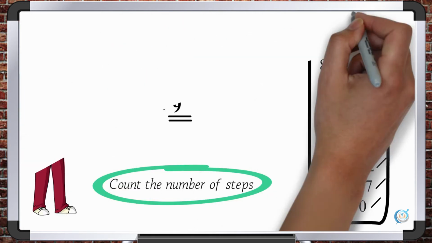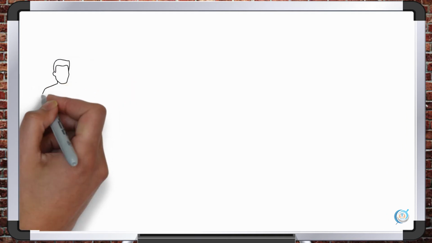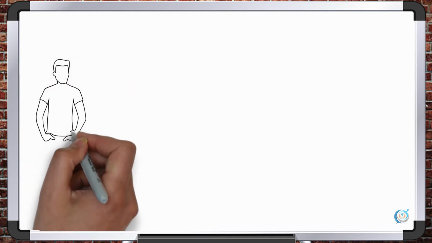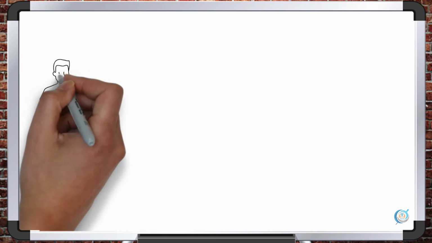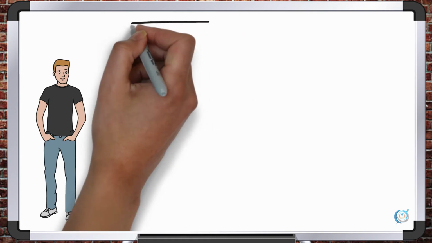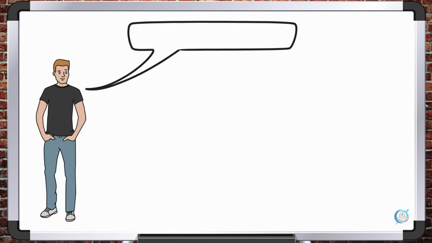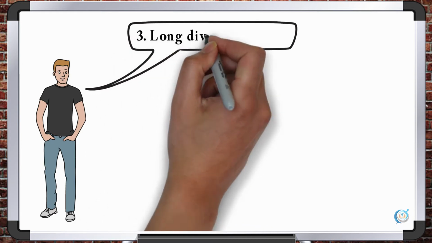But for higher numbers, it will be little difficult to do repeated subtraction. So for higher numbers, that is numbers with 4, 5 digit, we can use one more method. So our next method is long division method.